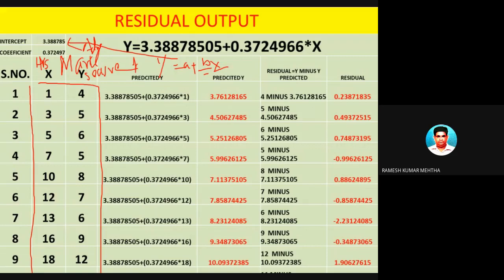So I modified this equation by substituting the values of a and b, and I got y is equal to 3.3887, so on and so forth, plus 0.3724, which is the b coefficient, times x as usual. So these are the values of x.